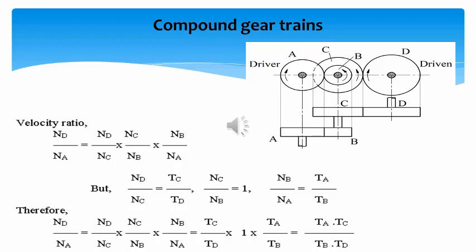Therefore, Nd by Na is equal to Tc by Td into 1 into Ta by Tb, that is equal to Ta into Tc divided by Tb into Td. So the effect of the intermediate gear is clearly visible in this formula.